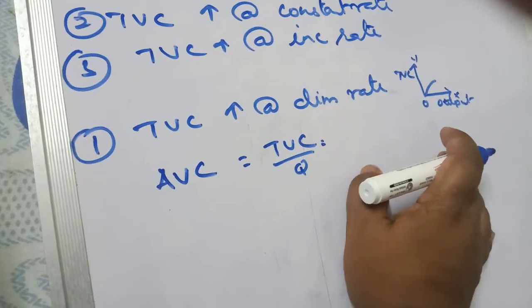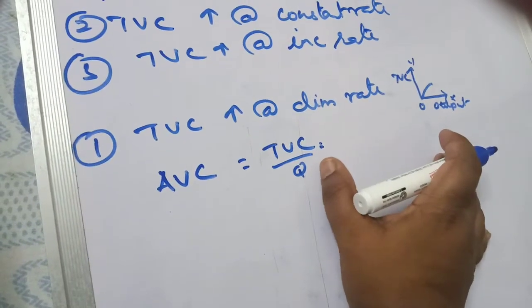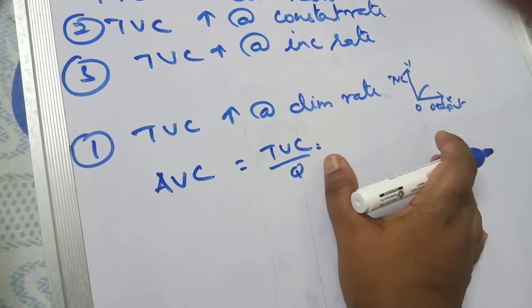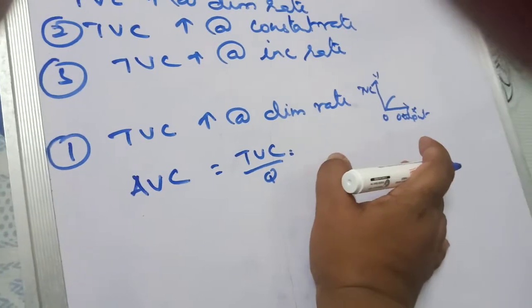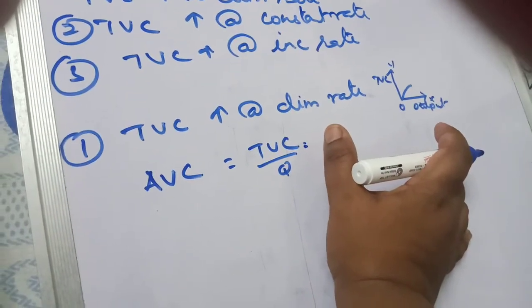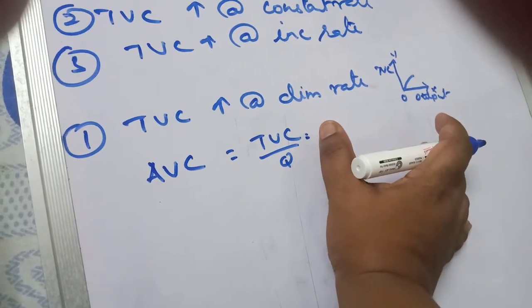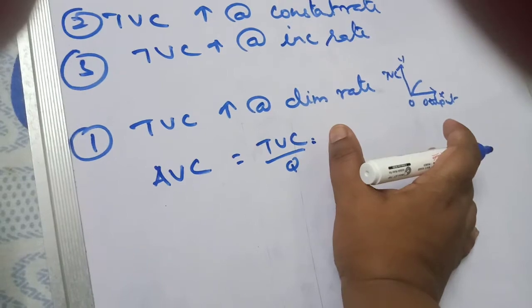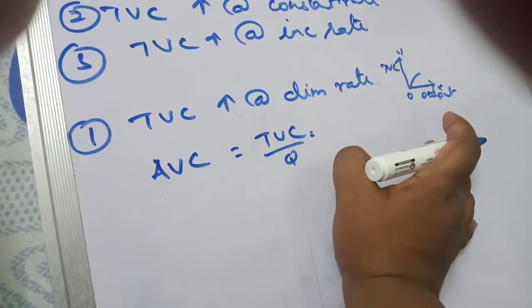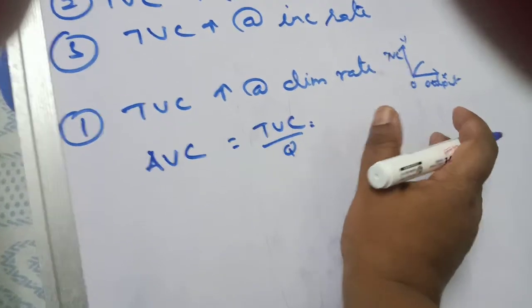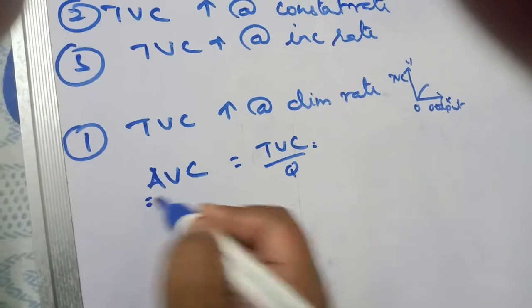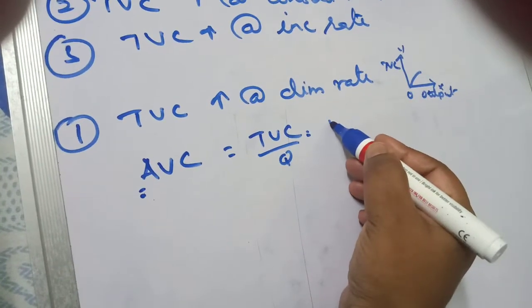When the numerator's increase is at a lesser rate as compared to the denominator's increase, then the resultant average will have a tendency to fall.